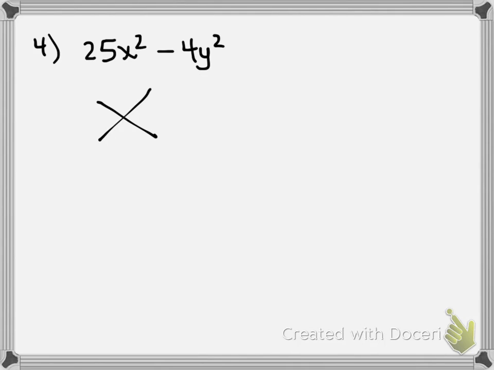Okay? Difference of squares real quickly. 25x squared minus 4y squared. When I play the game, the product number is for the first and last term. That's going to give me negative 100.